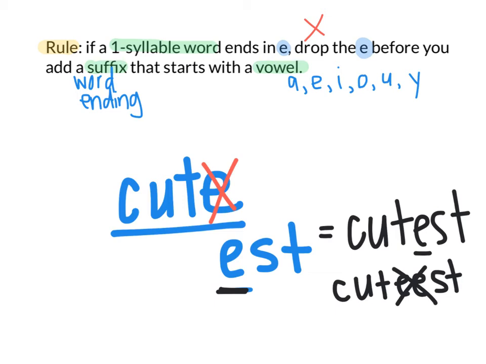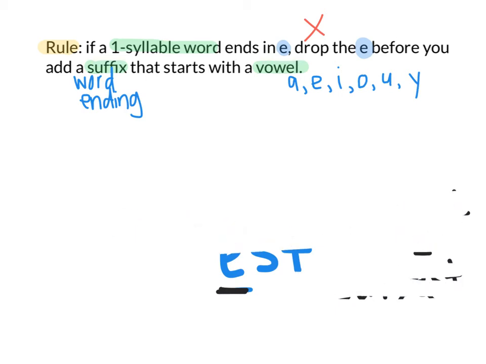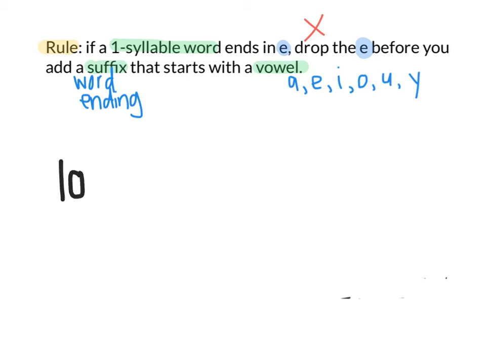Okay, let's do another example. So I'm going to erase this example, and let's do a new word. Let's do the word love. And let's say that I wanted to add the ending ing to make loving.